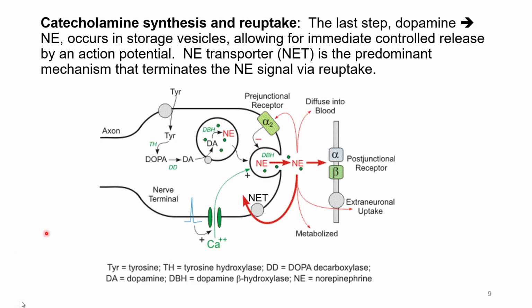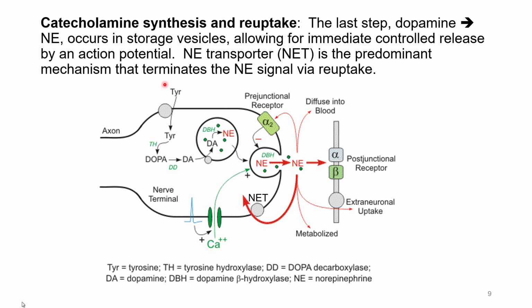So we just looked at, at a molecular level, how catecholamine synthesis happens. Now let's zoom out and look at this synthesis as well as the reuptake and where this is happening. So we know that catecholamines are synthesized from tyrosine, that amino acid. So let's start over here.